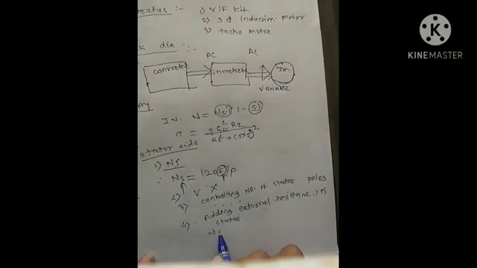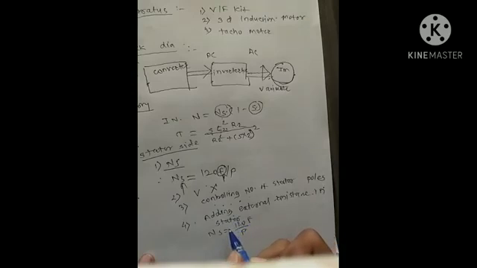So Ns equals 120f upon P. We know that by controlling f we change the Ns.